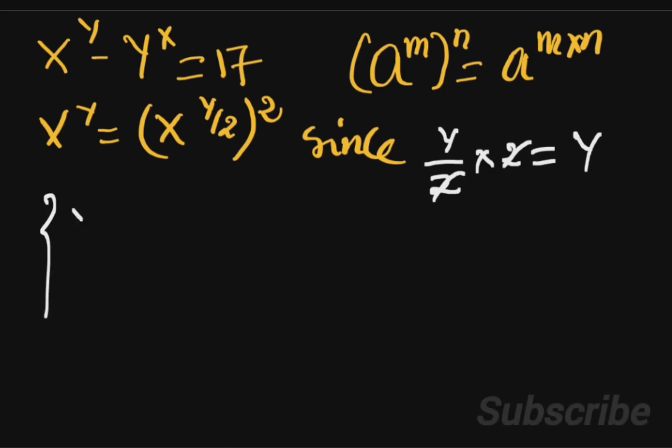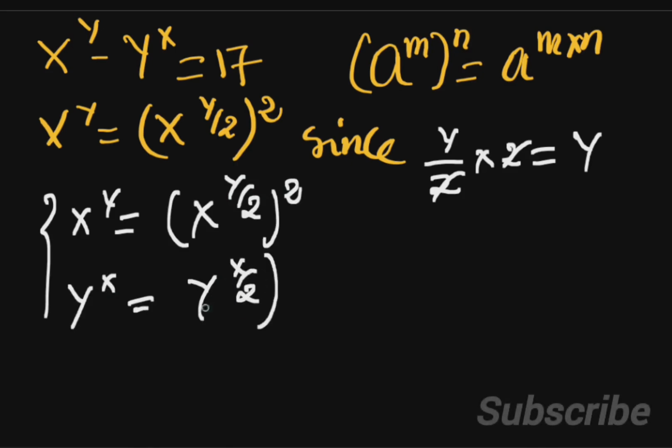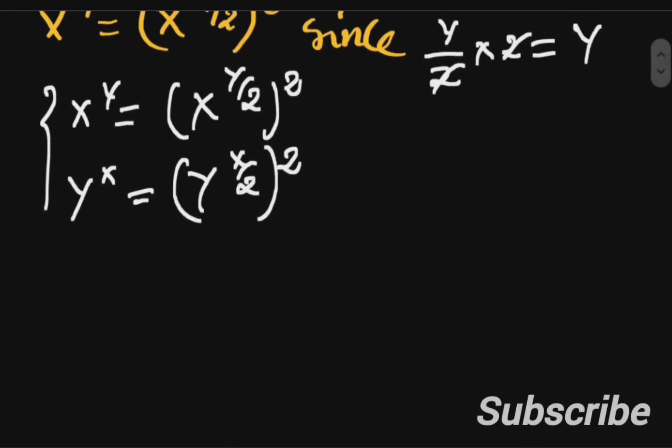That means x to the power of y is equal to x to the power of y over 2, all this squared, and y to the power of x is equal to y to the power of x over 2, all this squared.